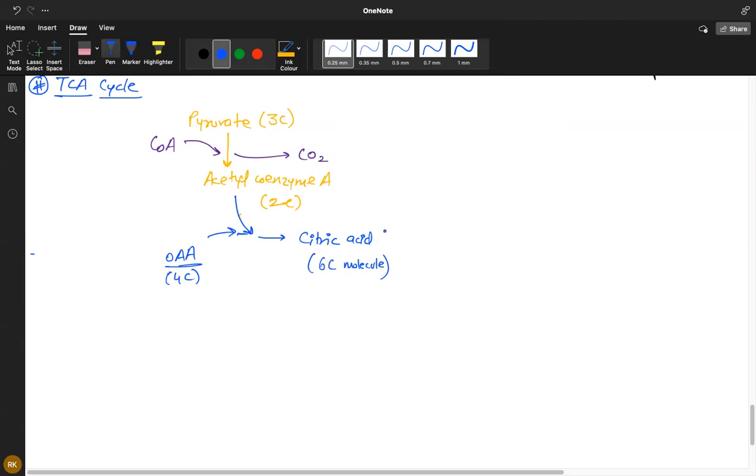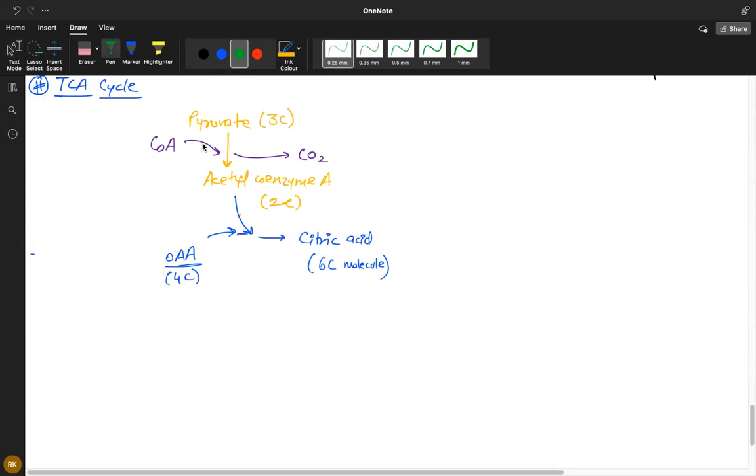Now with green again I will be writing the name of the enzyme. What's happening at this stage is called condensation. So write down, the first step is condensation of acetyl group with OAA to form citric acid.